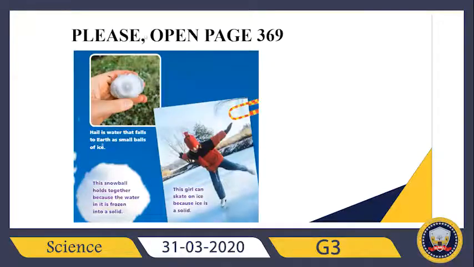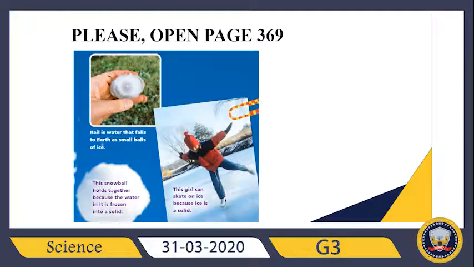Right now, let's check page 369. It says, hail is water that falls to earth as small balls of ice. What about this? This girl can skate on ice because ice is a solid. Remember, ice. You can skate. You can use it for your drinks. What about the snowball?